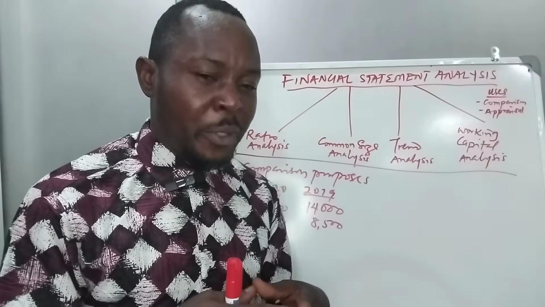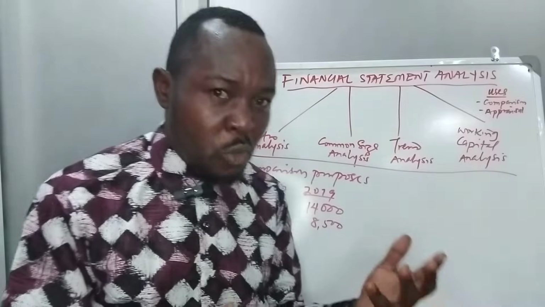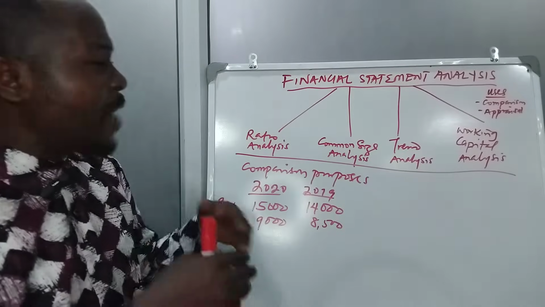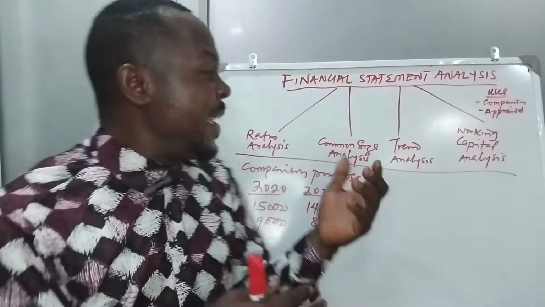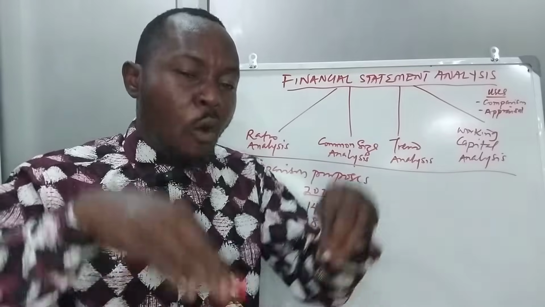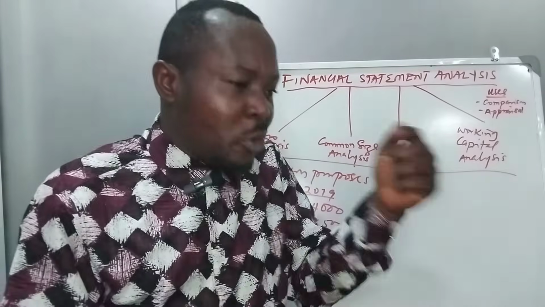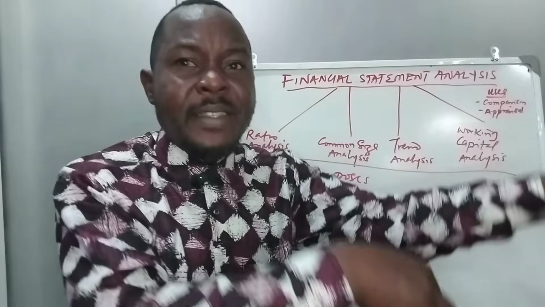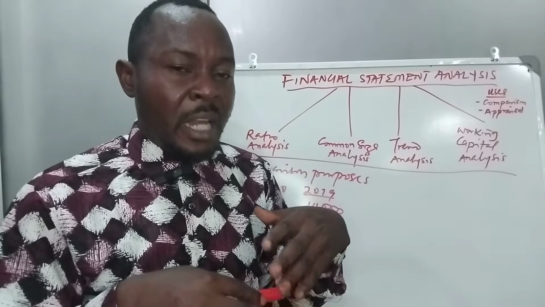I hope we are following. I hope this is coming to us live now. Another way by which we can compare is by comparing the subunit of an entity with another subunit of the same entity. Let me take it again.